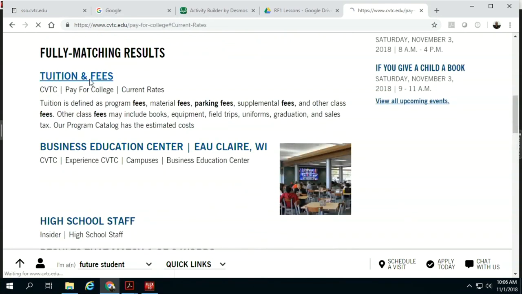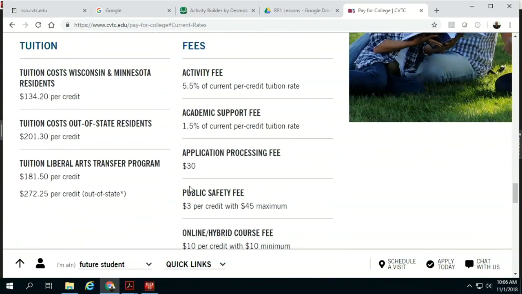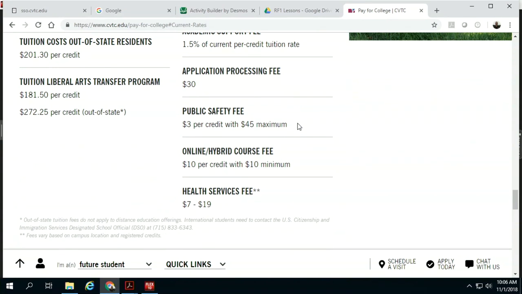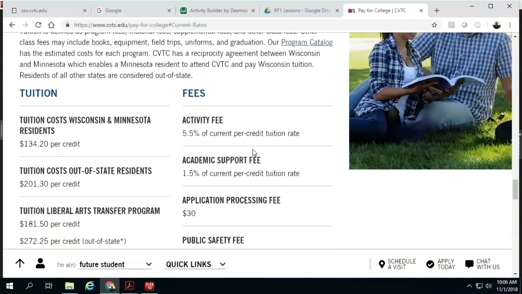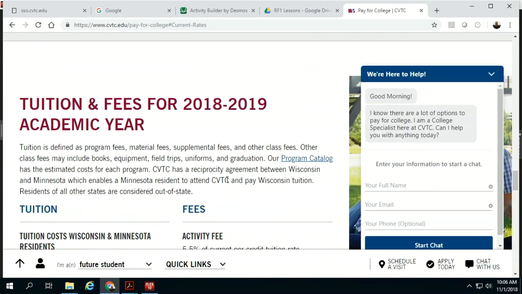It doesn't say how much the parking fee is. Oh, here it is. Public safety fee, $3 per credit. So that's how much you pay for a parking pass. For this class, you're paying $12 to park in the parking lot. I think that's at Eau Claire, so I don't know what they charge you in Menominee, if it's $12 a class or not.